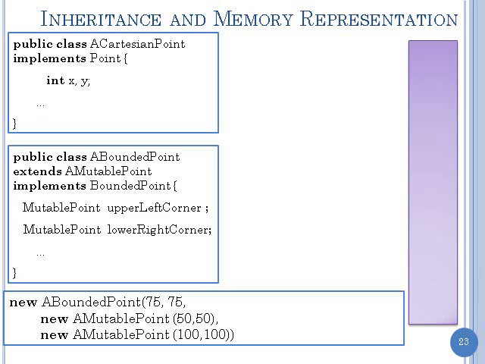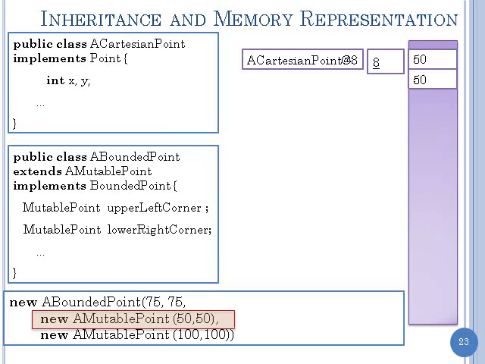Then the question becomes, this one first or this one first, and then the computer reads like English readers, left to right. When you guys did your tokens, you created tokens left to right. So it goes left to right, and it does first this Cartesian point, and that's going to allocate some memory. I've got 50, 50. It puts 50 here and 50 here, and this 8 happens to be what?